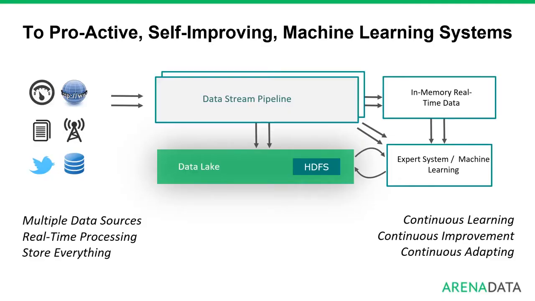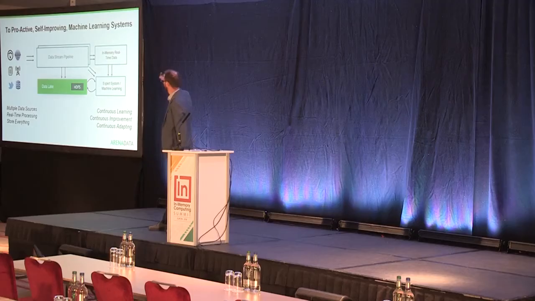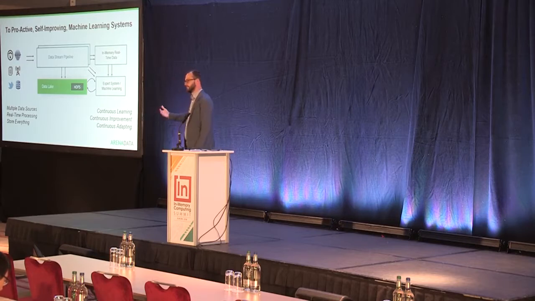And how can we migrate to a proactive self-improving machine learning system? It should look like this, because you need a so-called data stream pipeline. This approach allows you to process data in flow. And of course, you need a real-time engine to process the real-time data. And you need some kind of machine learning system which allows you to integrate inside the real-time data platform and your data lake as well.